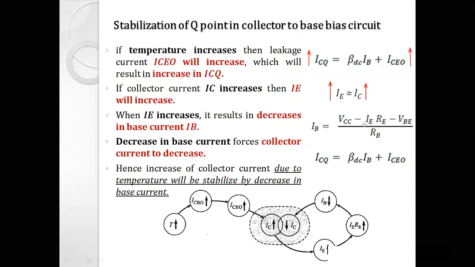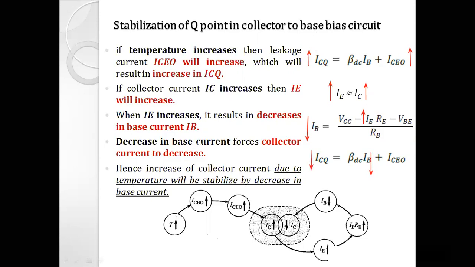So in the emitter feedback bias circuit, we derived the equation for the base current. So when IE increases because of IC, IB reduces, and if IB reduces, that means IC reduces, right?